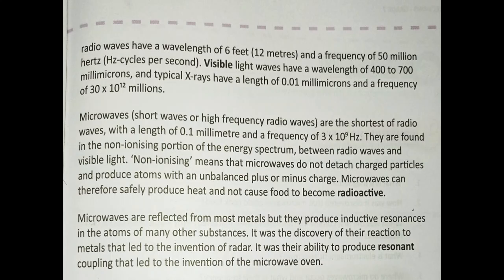Now, there are visible light waves, students, which I told you, and they have a wavelength of 400 to 700 millimicrons, and there are X-rays also, and they have a length of 0.01 millimicrons and a frequency of 30 into 10 to the power 12 million, students.